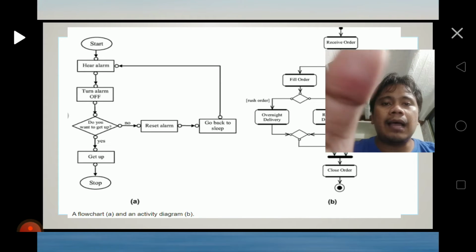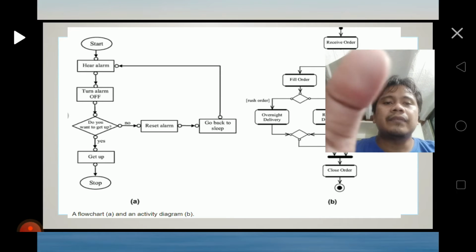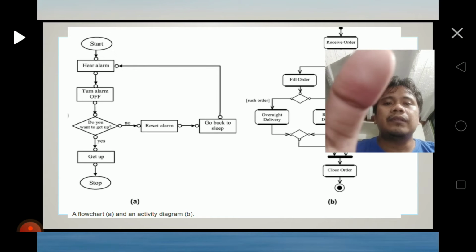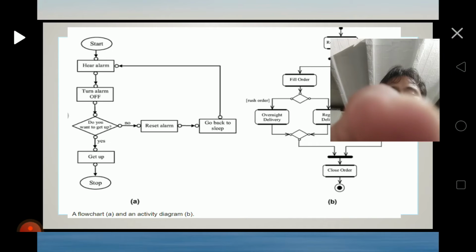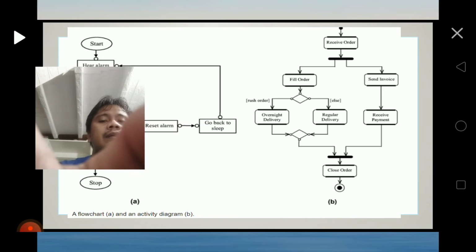Do you want to get up? If no, reset alarm. This is how you create a flowchart when you're setting up an alarm. Then go back to sleep, then you hear the alarm. But if you're going to get up, yes, get up, then you have to stop the alarm. So that is how the flowchart works.